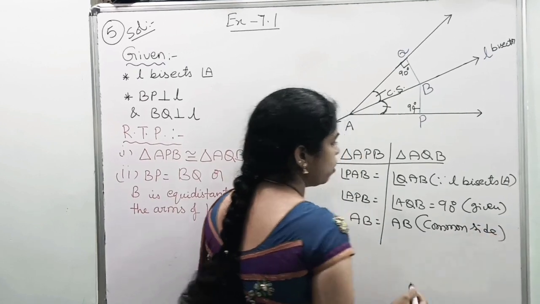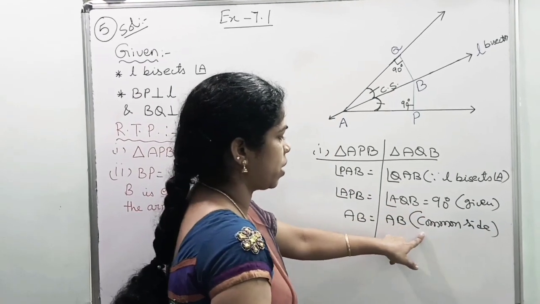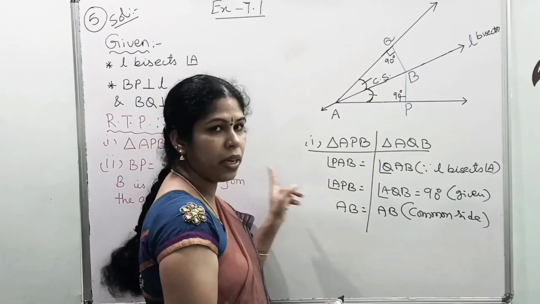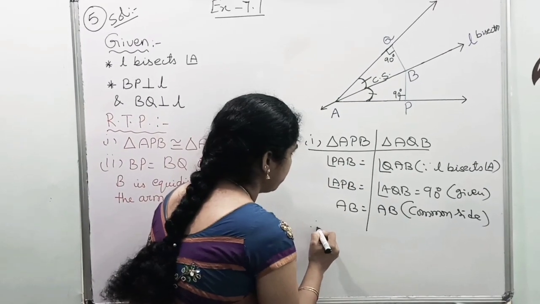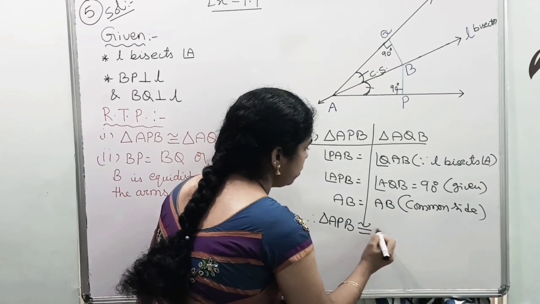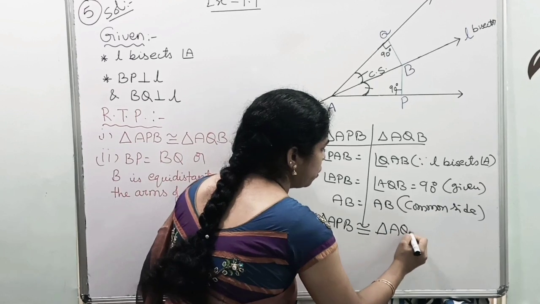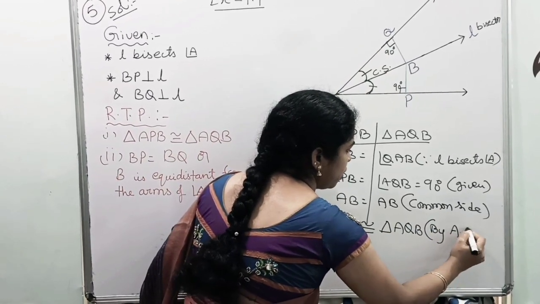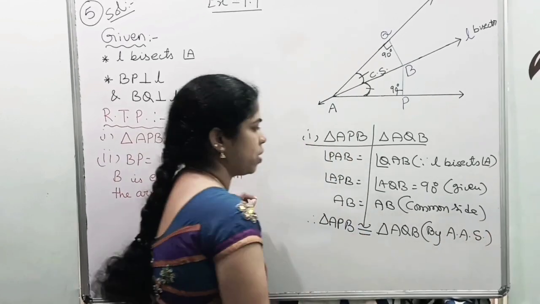So two angles and one side. Therefore AAS congruency, both the triangles will be congruent to each other. Therefore triangle APB is congruent to triangle AQB by AAS congruency.